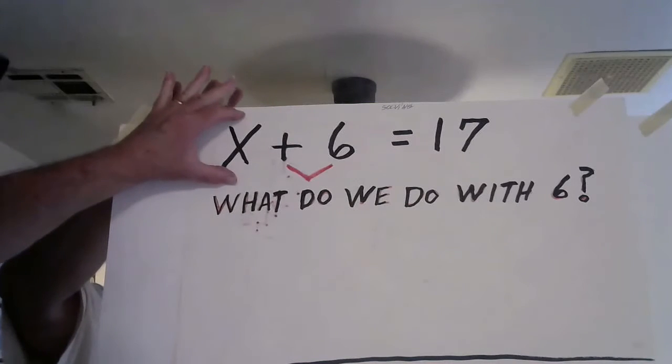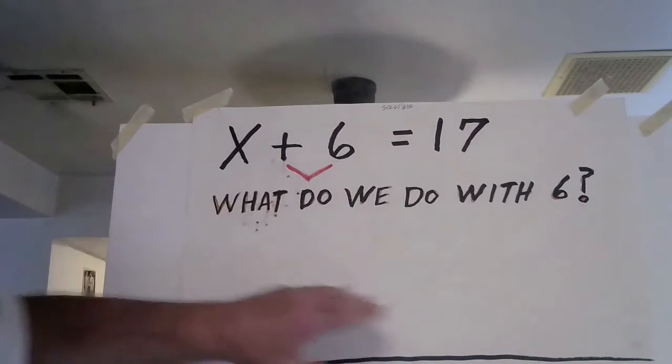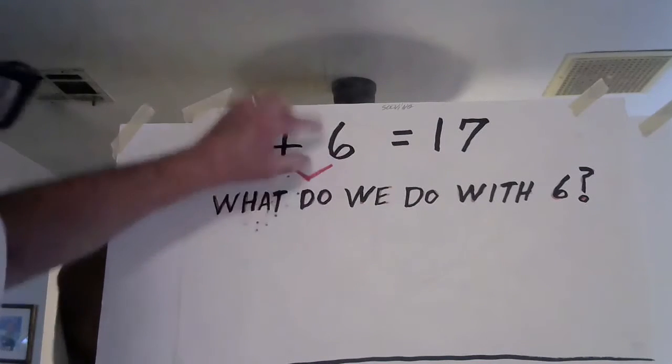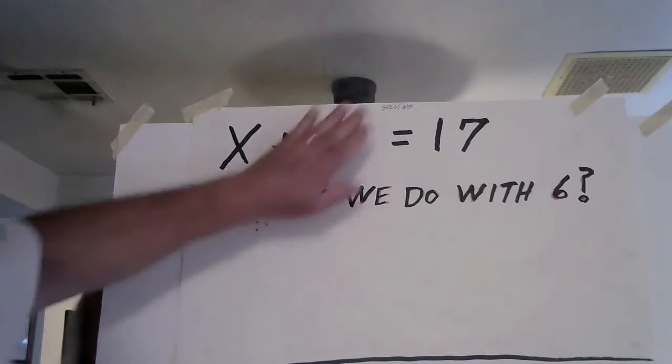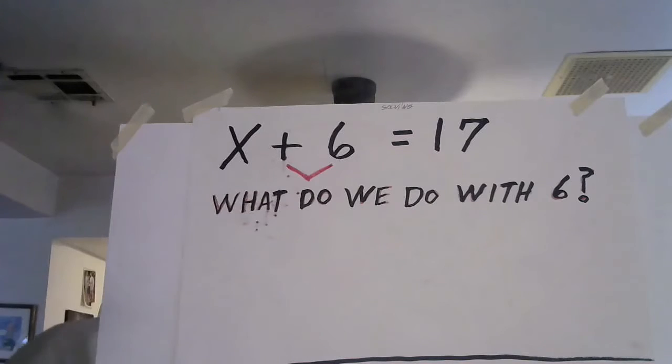What that means is we want to move the 6, or get rid of the 6. The way we do that is important. So there are two things you want to do in algebra.